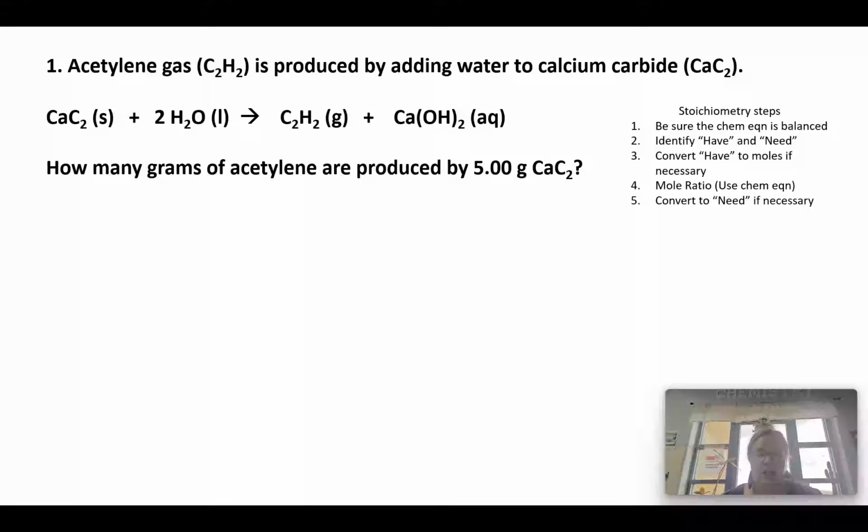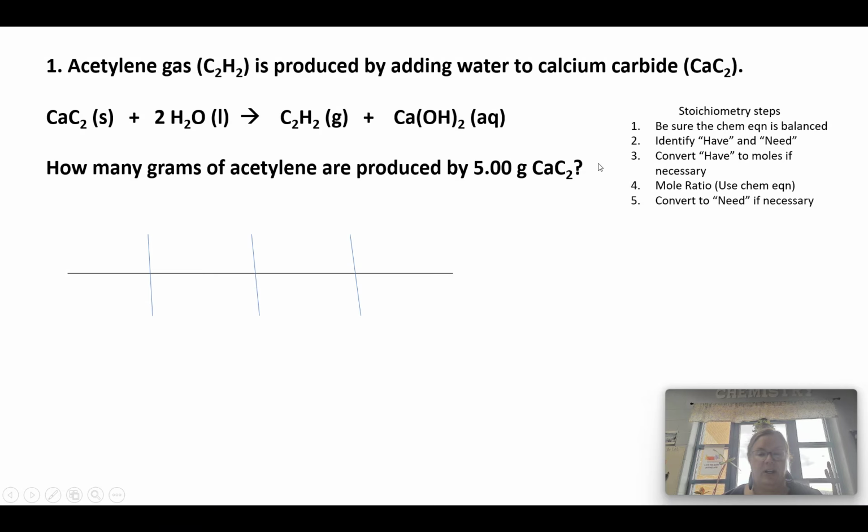If I look at this first slide, I'd have my ladder going on here. My question is, how many grams of acetylene are produced by 5.00 grams of calcium carbide? The first thing I think about is what I have.